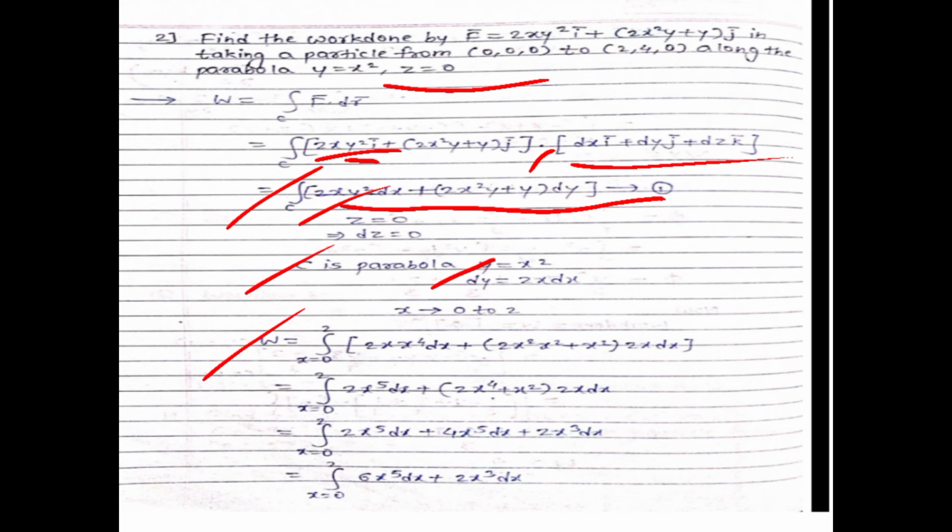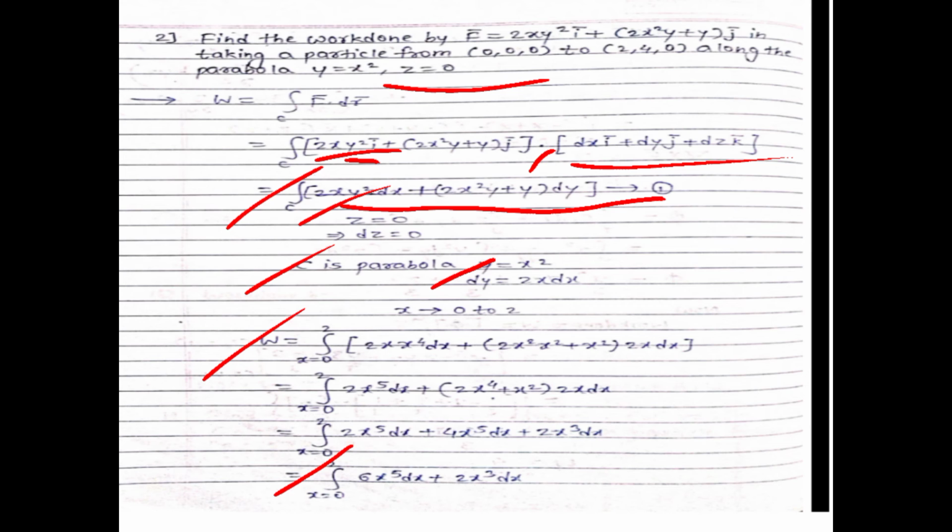And after putting the values of the limit, that is integration from 0 to 2 of 2x times x raised to 4 dx plus (2x square plus x square) into 2x dx, and after simplifying this we will get integration of 6x raised to 5 dx plus 2x cube dx, x varies from 0 to 2.